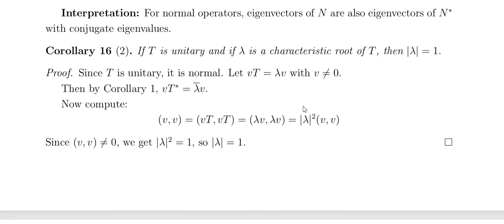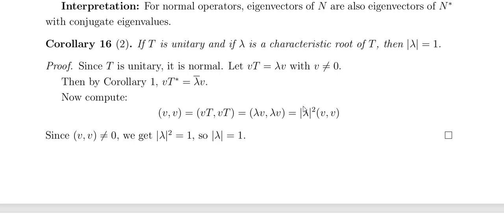And T is unitary, so if lambda is the characteristic root of T, then mod of lambda equal to 1. That is also a very important result. T is unitary, which means it's normal. That means VT equal to lambda V, and VT star equal to lambda bar V. Now to compute, mod of lambda equal to 1.